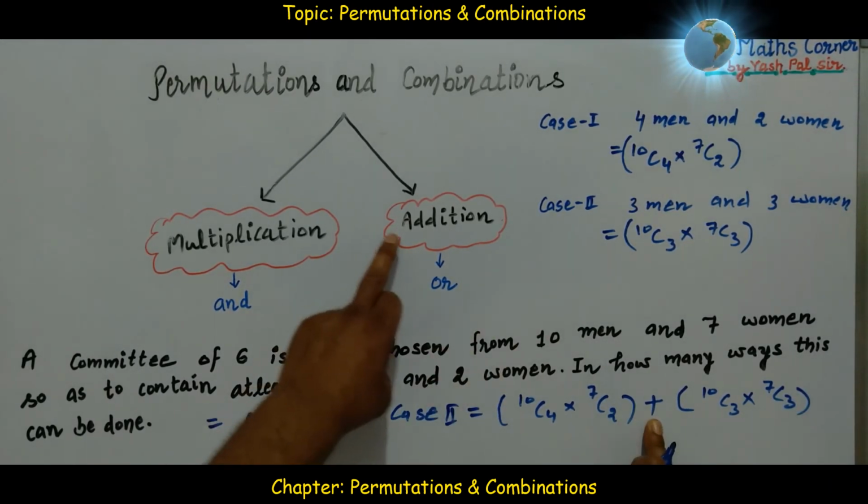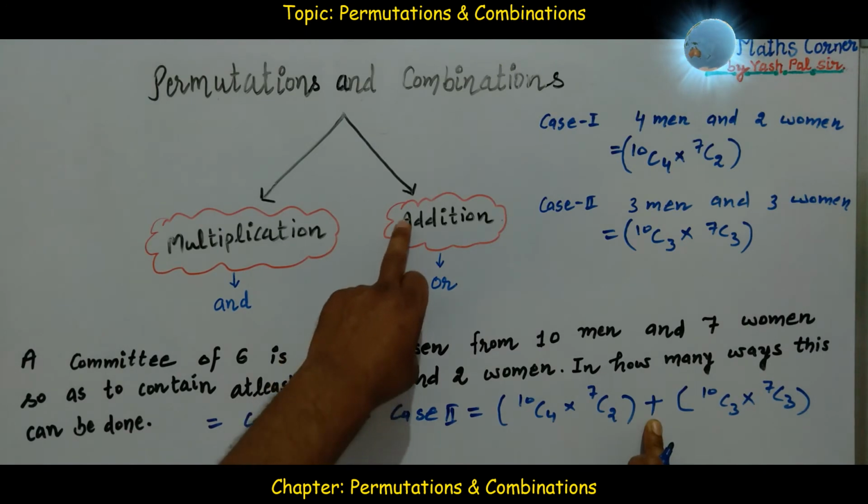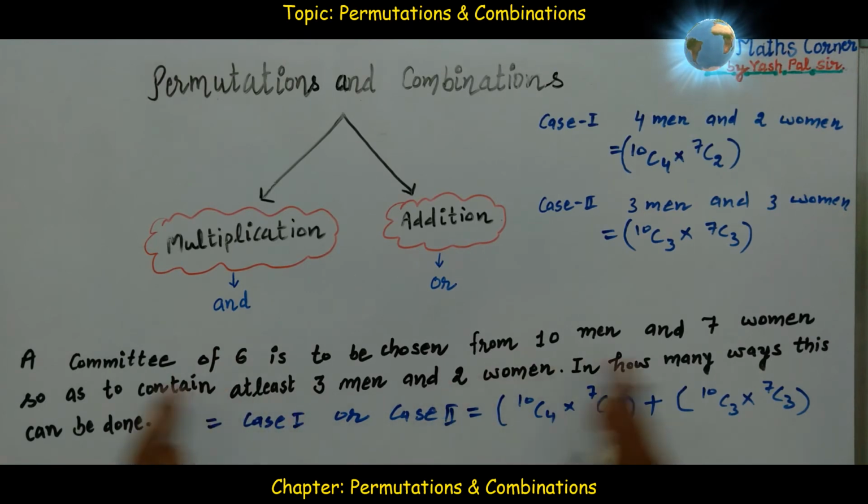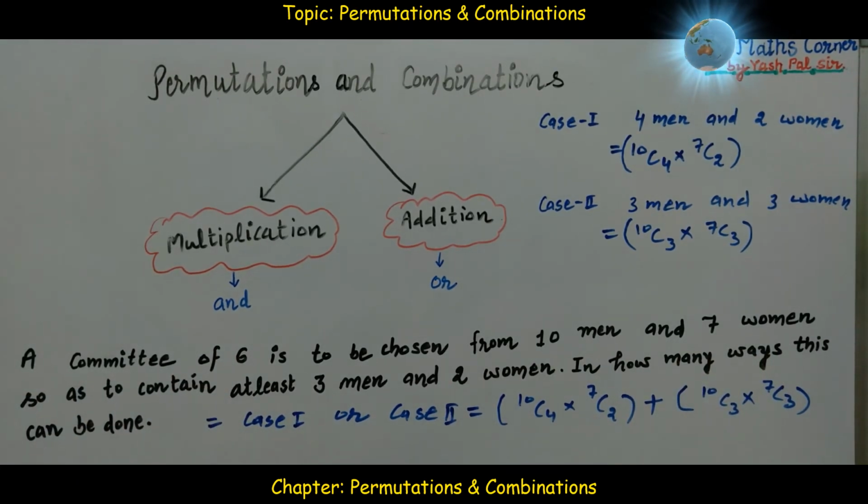What is the difference? Where to use the plus sign and where to use the multiplication sign? From this example, this is very clear. Once again, what is the question? A committee of 6 is to be chosen from 10 men and 7 women, so as to contain at least 3 men and 2 women.